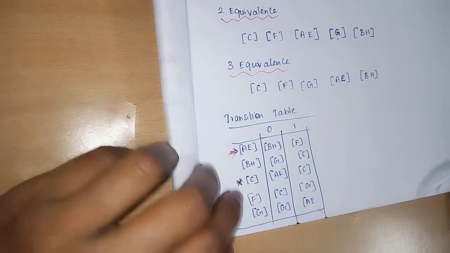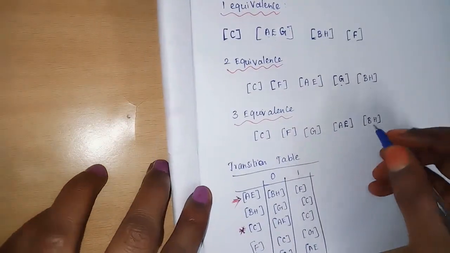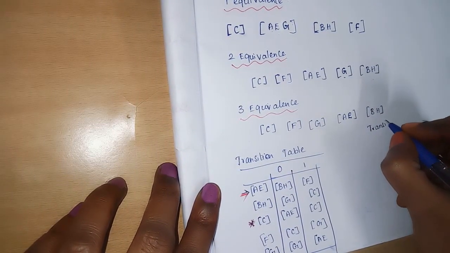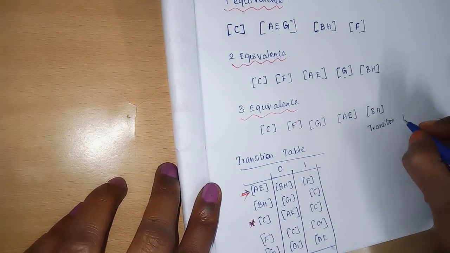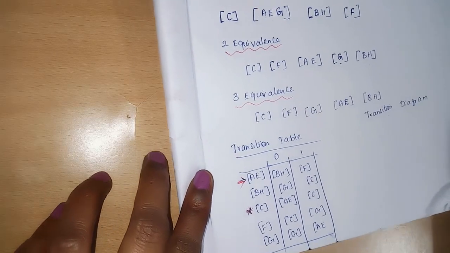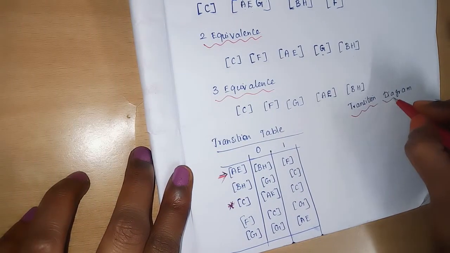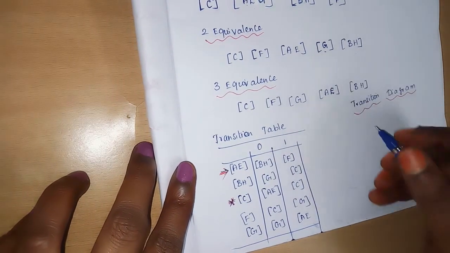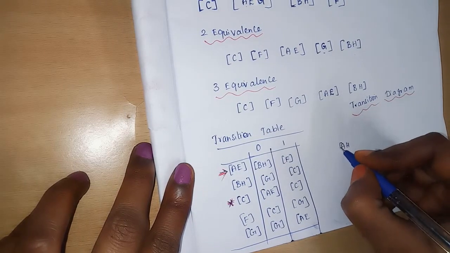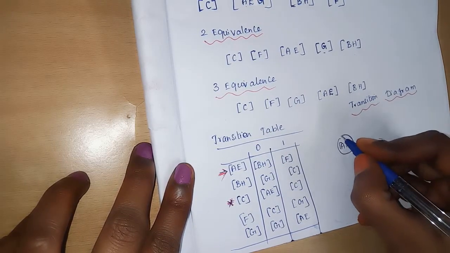Now we have to draw the transition diagram, right? Transition diagram. So here a transition diagram. So AE, right?